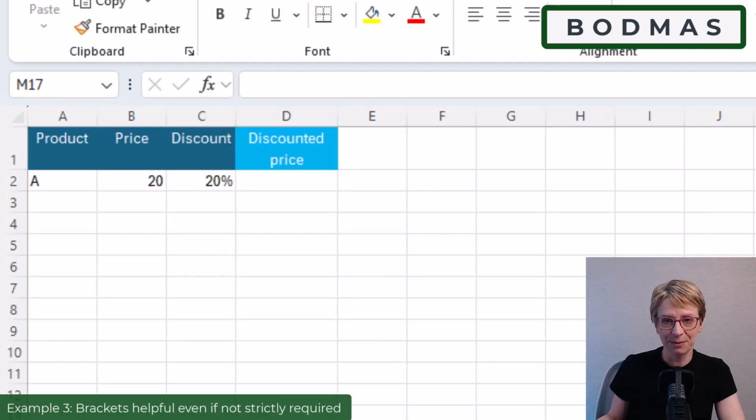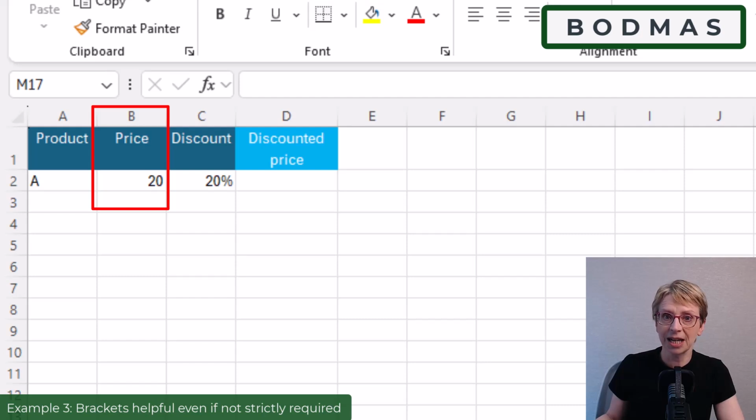In this next example, brackets aren't strictly required, but they are still worth using. Brackets aren't just for forcing the order of calculation, they also make your formulas easier to read and harder to misinterpret. Say I wanted to apply a 20% discount to a price in B2.